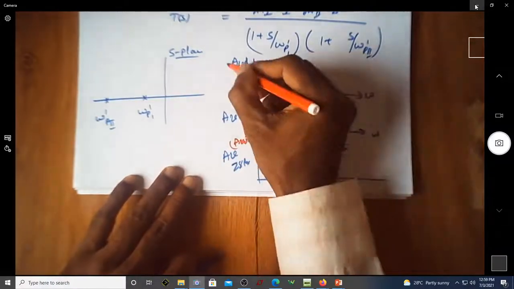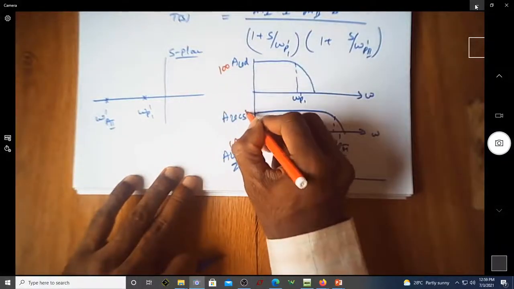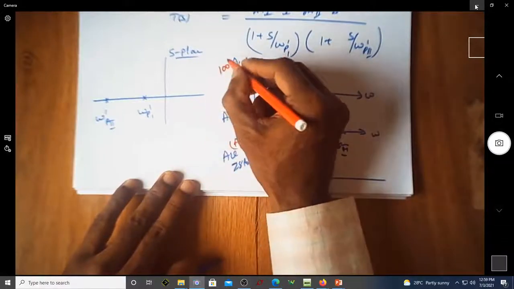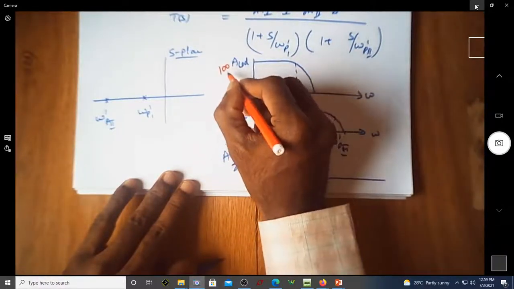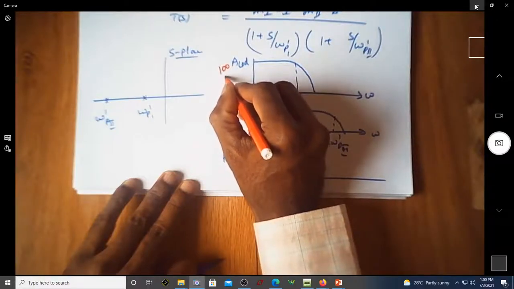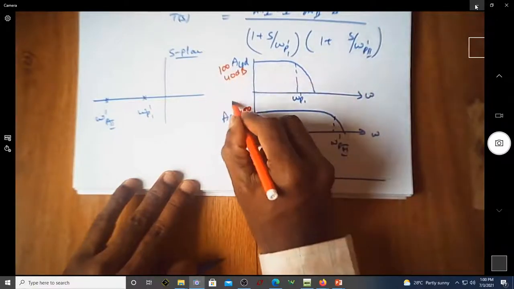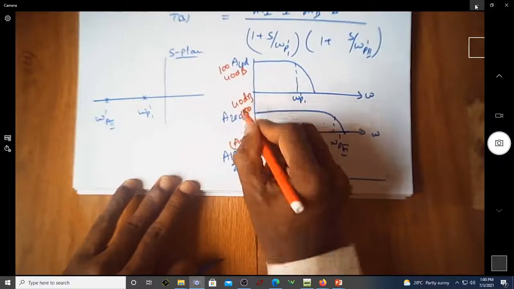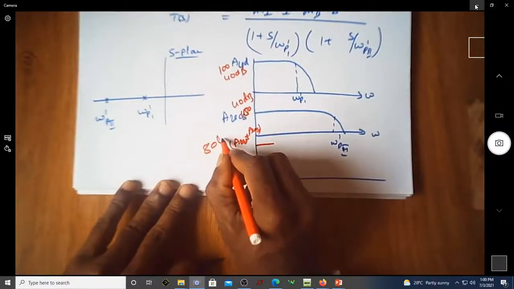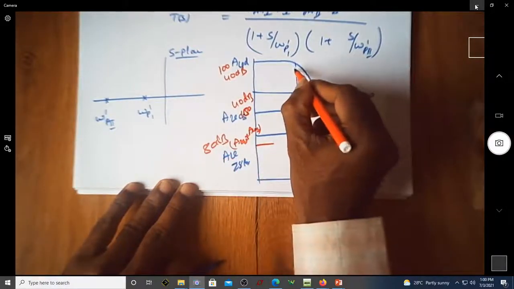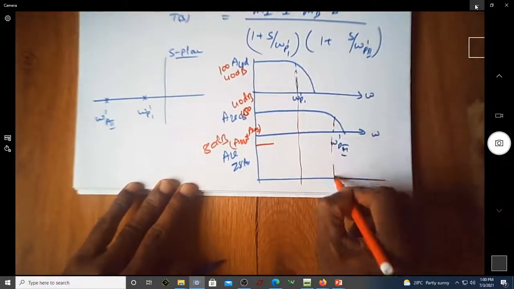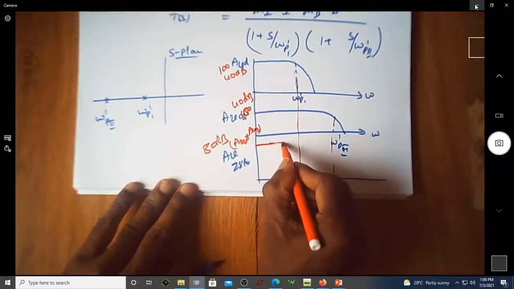Suppose both of them are 100 in terms of volt per volt, it will be 40 dB, and this is also 40 dB. Overall gain is 80 dB. 80 dB will be the overall gain. So this is 80 dB, and you can see your first pole comes here, the second pole comes here. So this is 80 dB till this point.